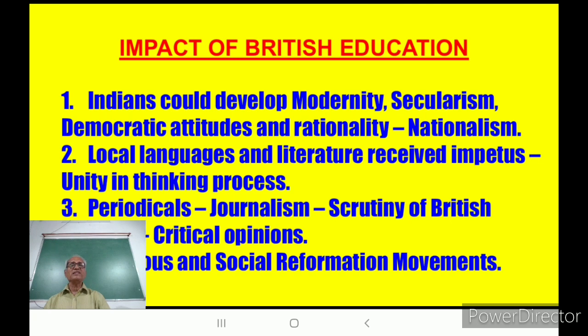Local languages and literature too received impetus. Even though some of the Indian youth started learning English, they developed a love for our own basic literature too. So Indian local languages too got impetus. And some of the British too took a lot of interest in seeing that local languages too are developed along with English.